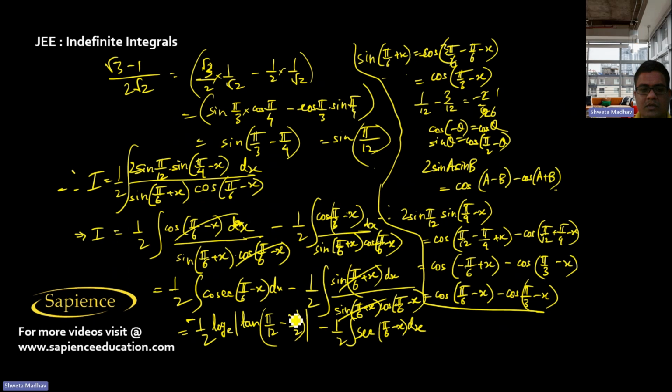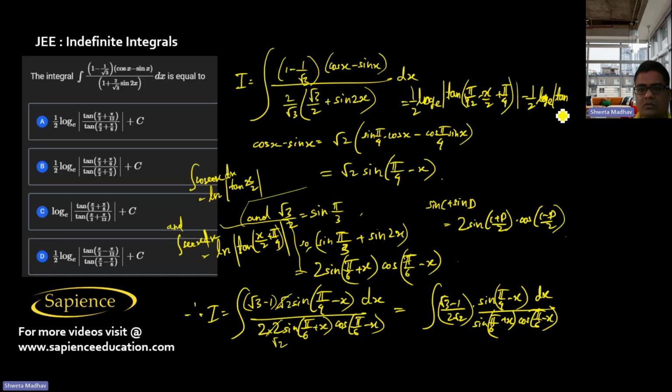X by 2 means pi by 12 minus x by 2 minus x by 2. So now pi by 12 plus pi by 4, that is pi by 12 plus 3 pi by 12, so that is 4 pi by 12, that is pi by 3.